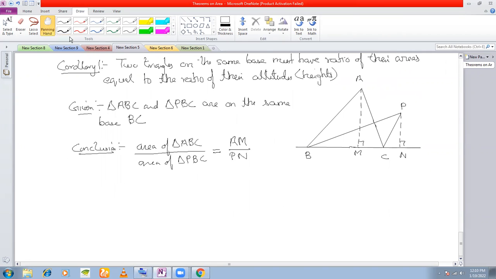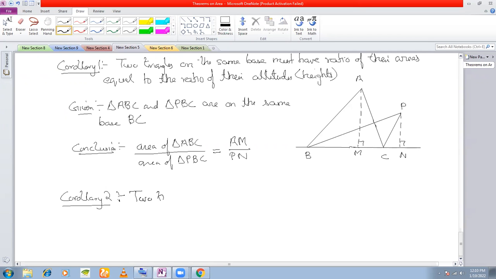No, sir, no question. And a similar deduction is related to the base. This time I have two triangles. Let me write the statement.